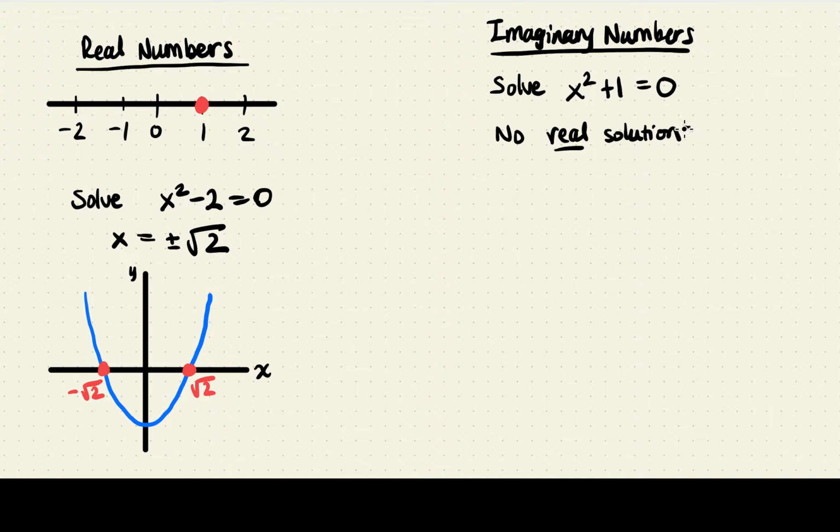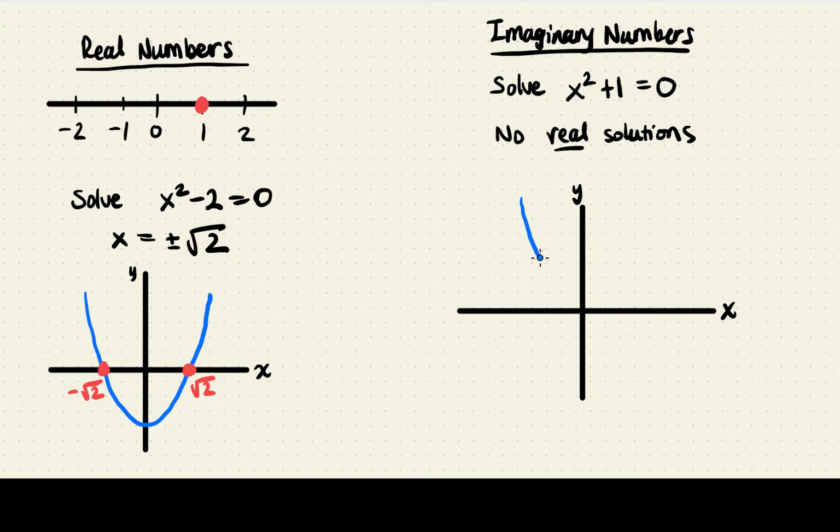Its solutions are imaginary. If we take that analogy back to drawing a parabola in the xy plane, the reason we say it has no real solutions is that this parabola sits up here, and it doesn't cross the x-axis anywhere. So we don't really have a way to say that there's a root on the real line. But we're going to think about roots that are imaginary.